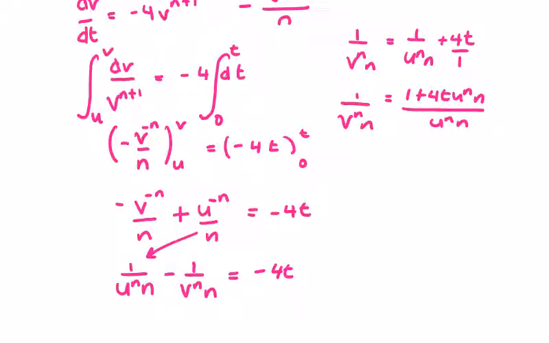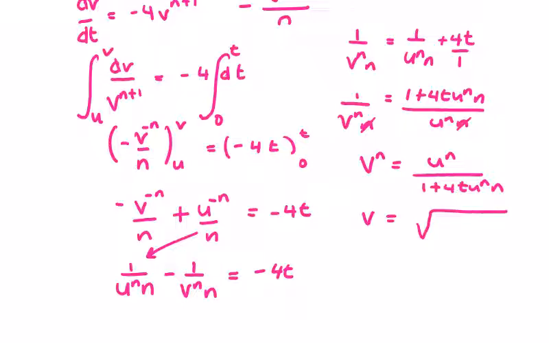We can multiply both sides by n, which cancels the n's on the bottom. Now we have a fraction which we can invert to get v to the power of n equal to u to the power of n over 1 plus 4t u to the power of n times n. So v would be equal to, if it was v squared it would be the square root, v cubed the cube root, so v is the nth root of u to the power of n over 1 plus 4t u to the power of n times n.